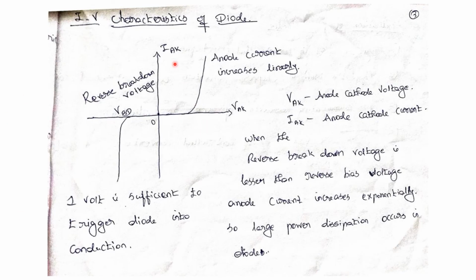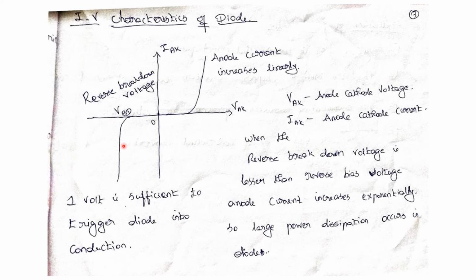Then this is the IV characteristics of the diode. IV means current and voltage characteristics. Here the graph is plotted between IAK, the anode cathode current, and VAK, the anode cathode voltage. The first quadrant of the graph shows forward biasing.